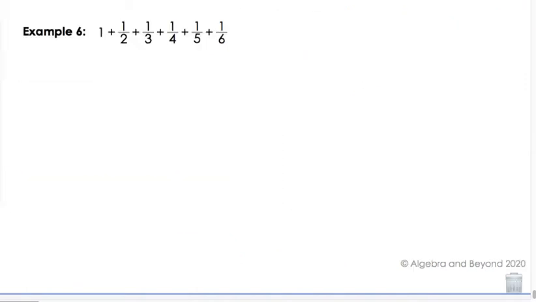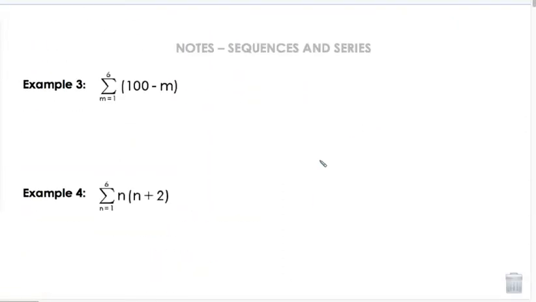Okay, let's go to the next page and do a couple more examples. All right, example 3. I have m equals 1, that's my starting point, my lower limit, and I'm going to go to term 6. So I'm going to be plugging in 1, 2, 3, 4, 5, and 6 into the rule of the sequence.